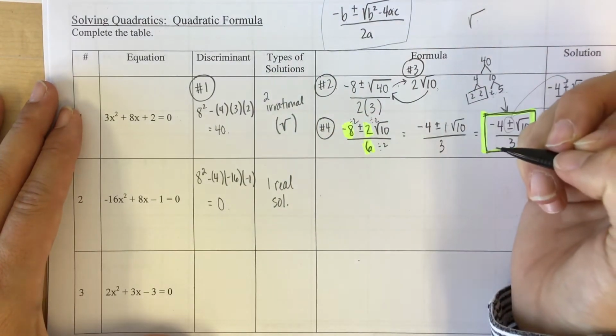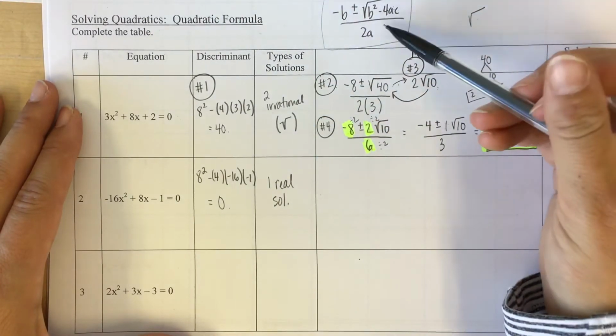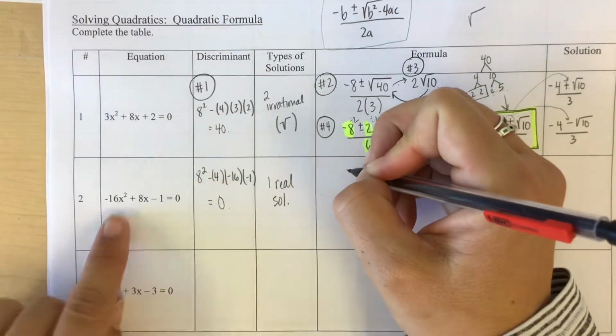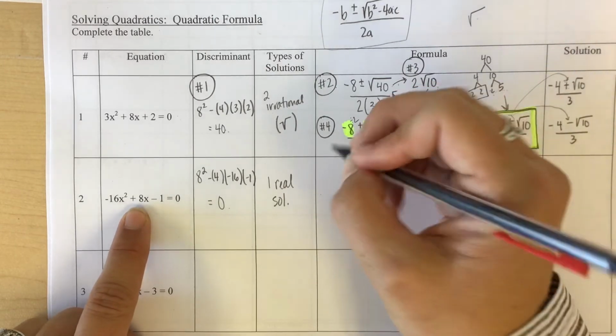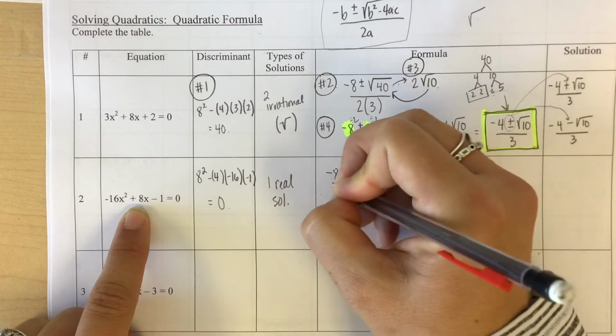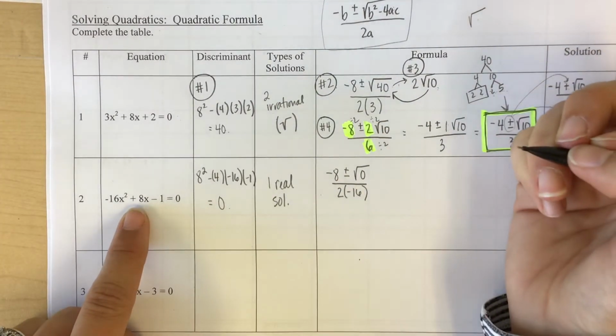Okay? All right, so step 2, we're going to plug our information into the quadratic formula again. All right, so we've got negative b, so be careful. Remember, you always got to take the opposite of what your b value is. So here it's positive, so it's going to be negative 8 plus minus the square root of 0 all over 2 times our a is negative 16. Okay?